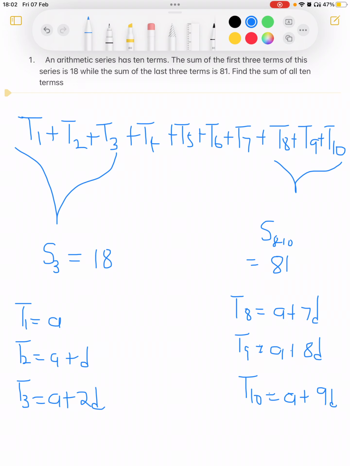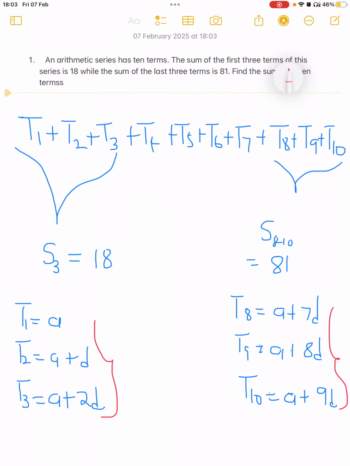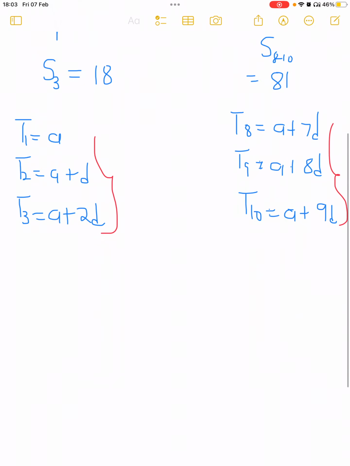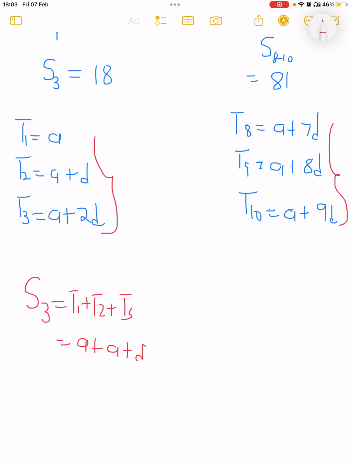Right, now we have the sum. Now the sum here for S3 is given by the sum of all these terms, and the sum from T8 up to T10 is given by all these terms added together. So let's try and add them together. S3 will be given by T1 plus T2 plus T3, of which T1 is A, T2 is A plus D, T3 is A plus 2D.